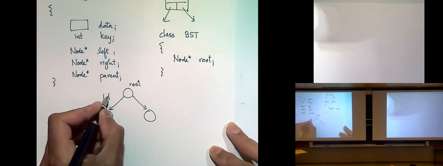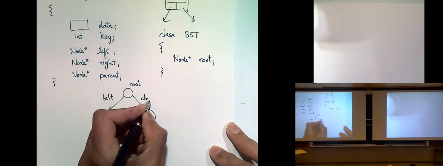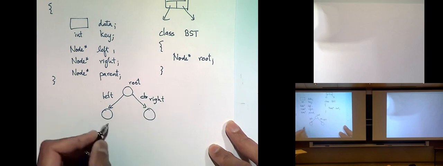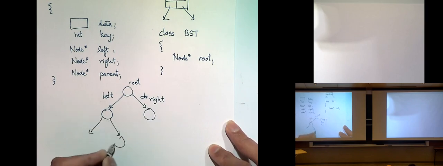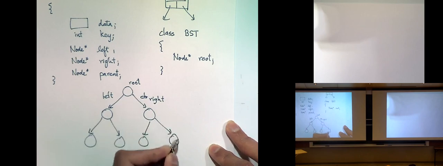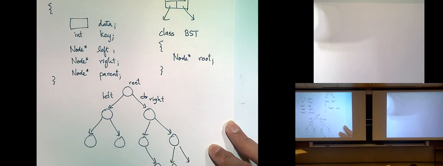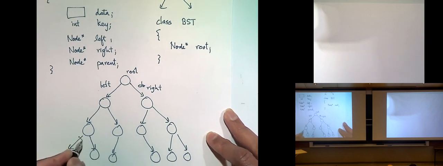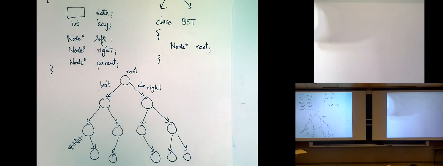This would be the left child. This is the right child. And then you have this, and so on and so forth. Maybe this doesn't exist. Okay.